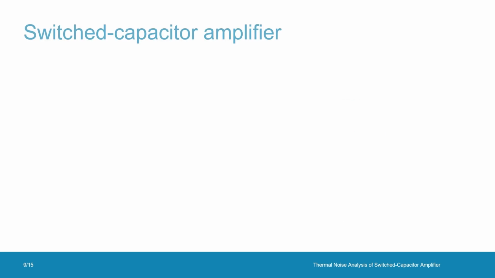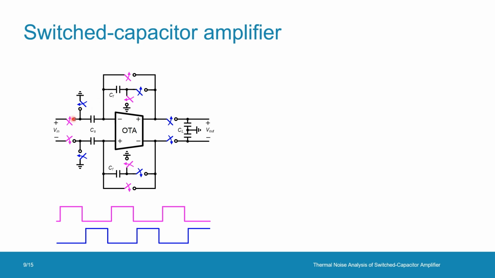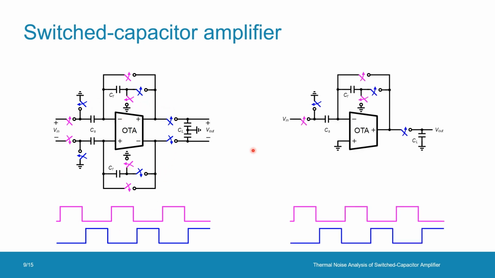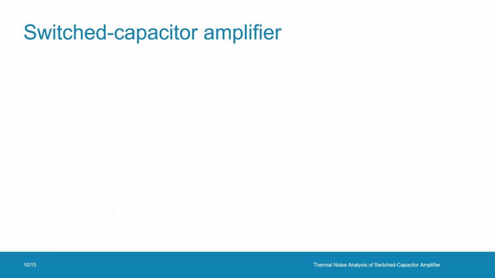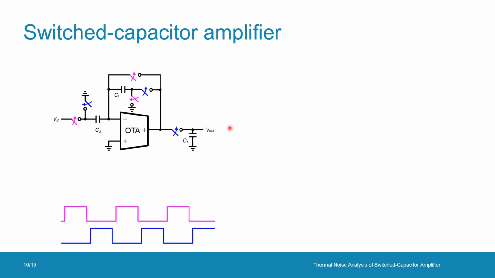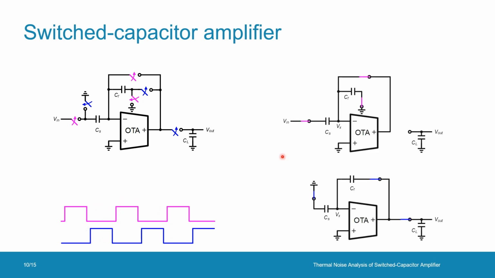Okay, now we zoom out to the big picture, the overall amplifier. As the fully differential system is less intuitive, we will use the single-ended version for our following analysis. So essentially, it's a two-phase system as mentioned before, a sampling phase and a redistribution phase or amplification phase.